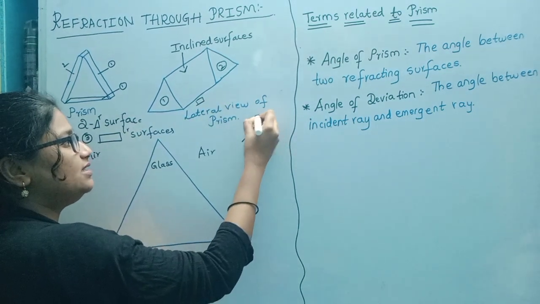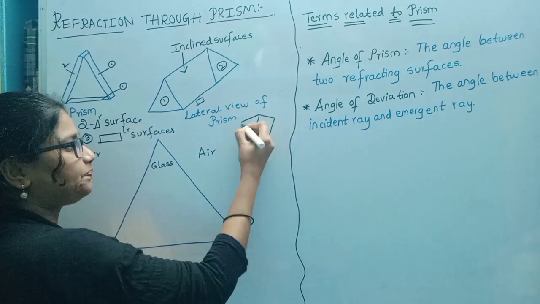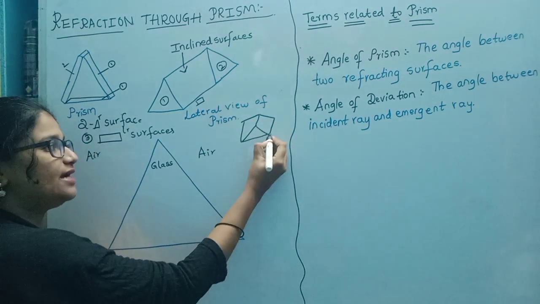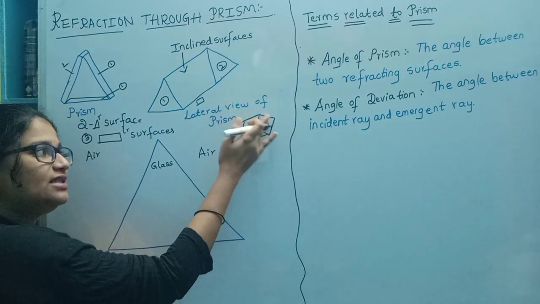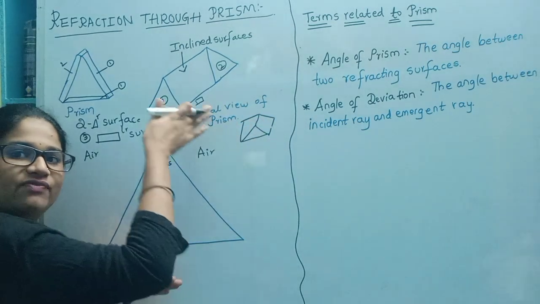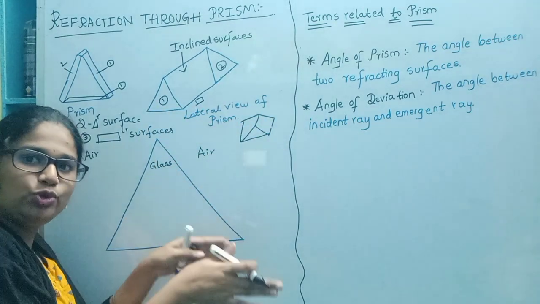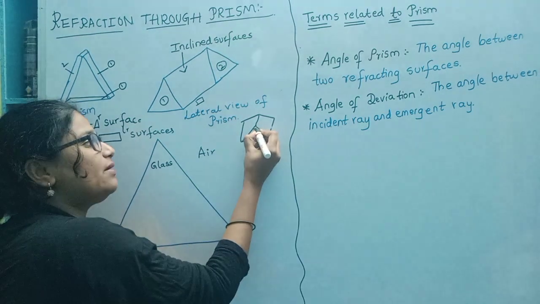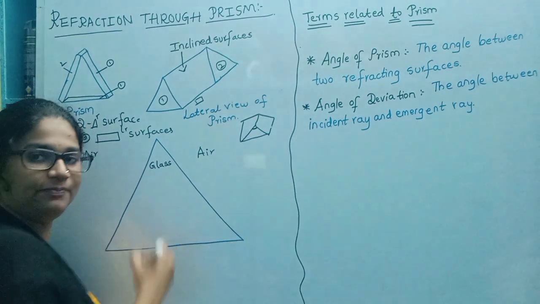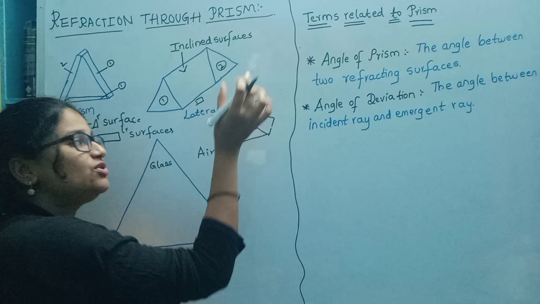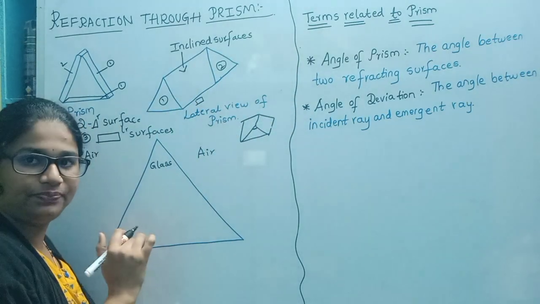Both these rectangular surfaces are inclined down towards each other, and they make an angle here, which is called the angle of prism.